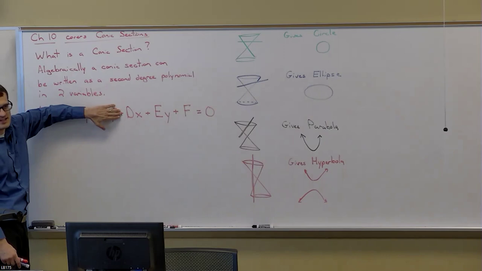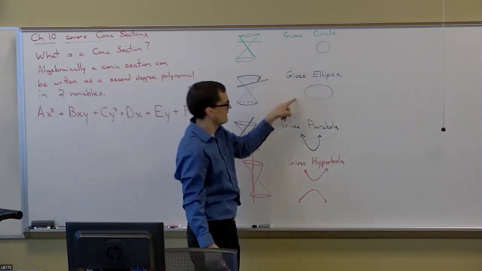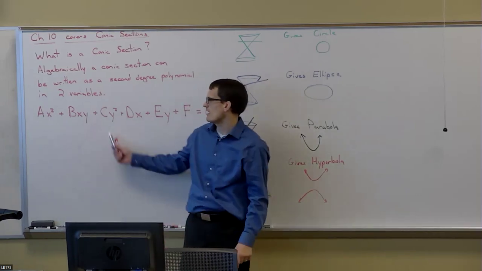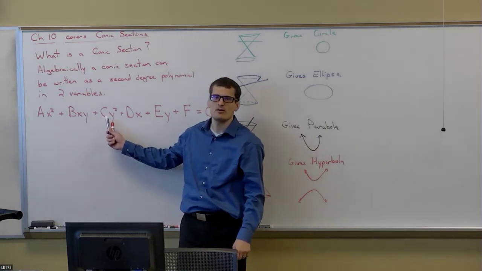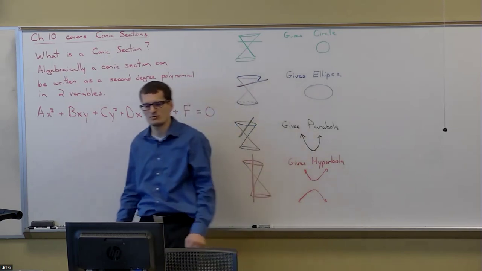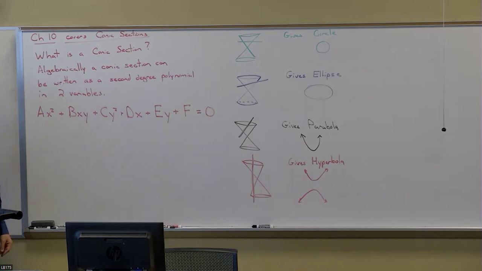So algebraically, the trivial ones don't have any quadratic pieces, don't have any second degrees. The circle, the ellipse, the hyperbola, and the parabola, those will all have terms where we have a y squared, or an x squared, or an x times y. That makes sense? And we'll start out with nice versions, ones where we don't have any xy's, we don't have any interaction terms.